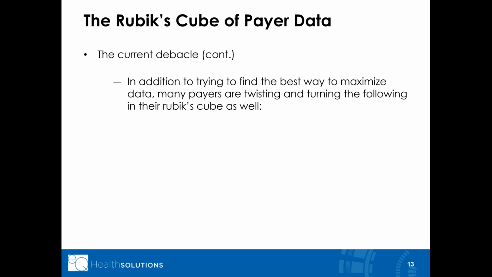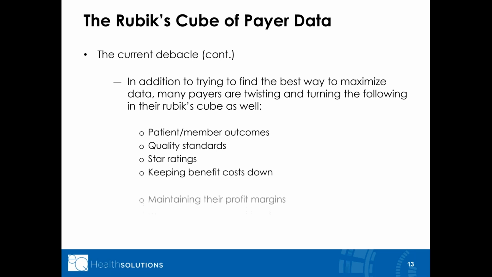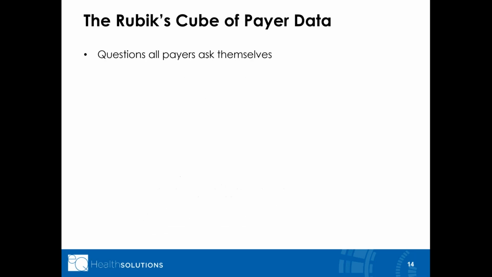Am I doing analysis for the sake of reporting, or for the sake of answering the two questions we started out with? Those could be patient and member outcomes, quality standards, star ratings, keeping benefit costs down, maintaining profit margins, and improving efficiencies. These are questions every payer is asking.